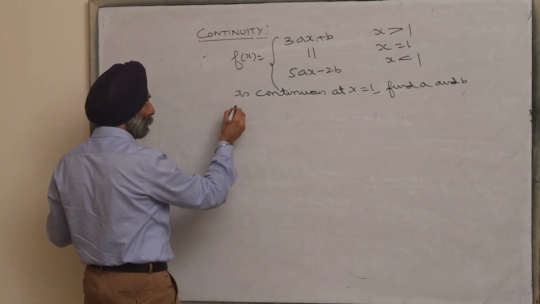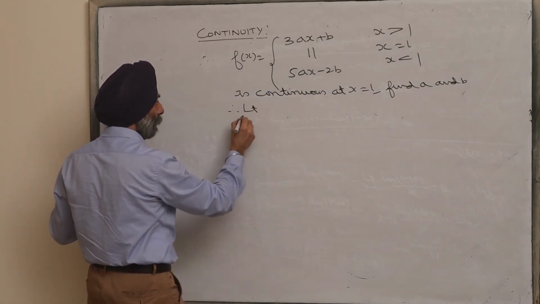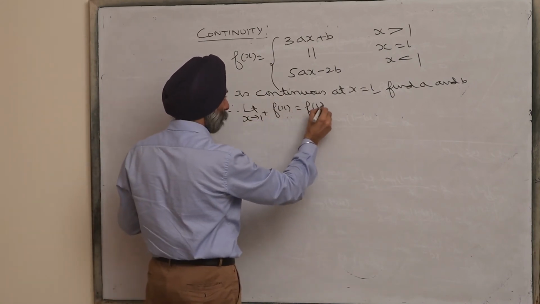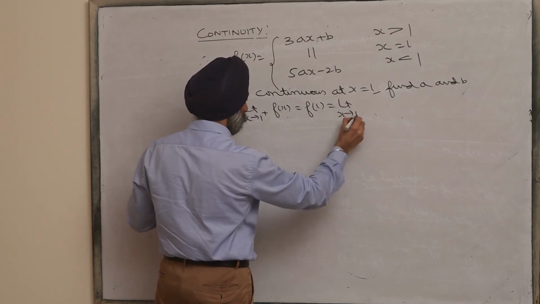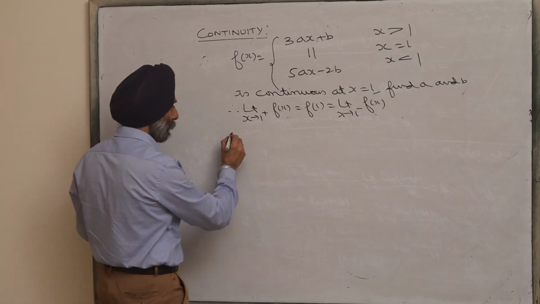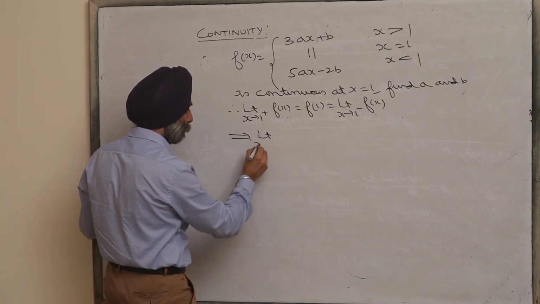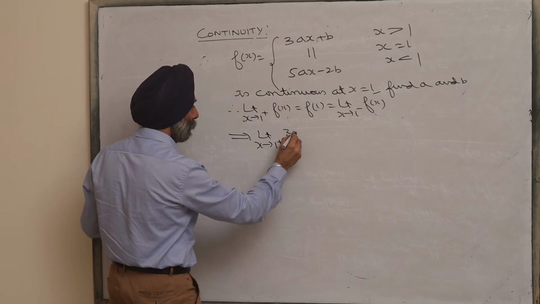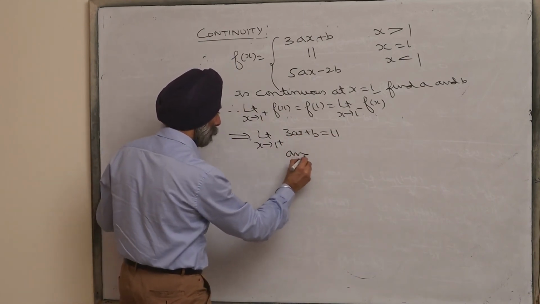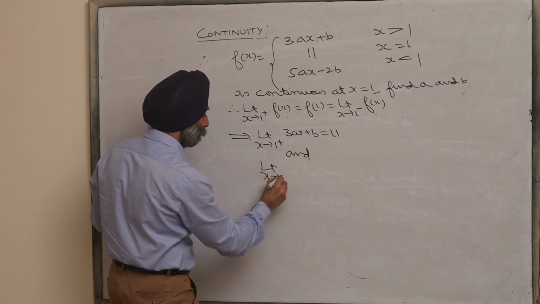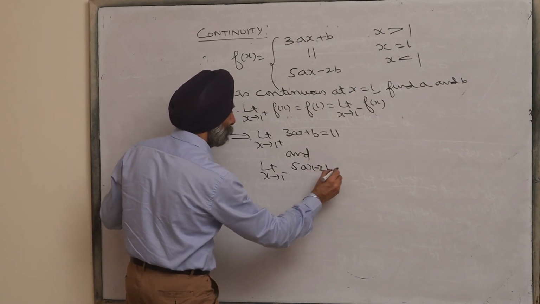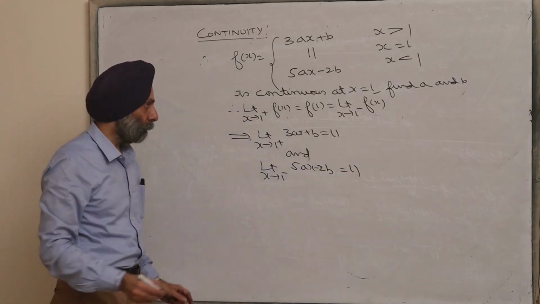Because it is continuous, limit x approaches 1 positive of f(x) is equal to f(1) is equal to limit x approaches 1 negative of f(x). So this implies limit x approaches 1 positive of 3ax plus b is equal to 11, and limit x approaches 1 negative of 5ax minus 2b is equal to 11.